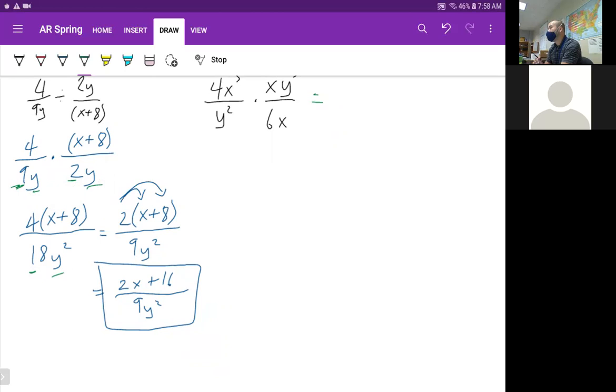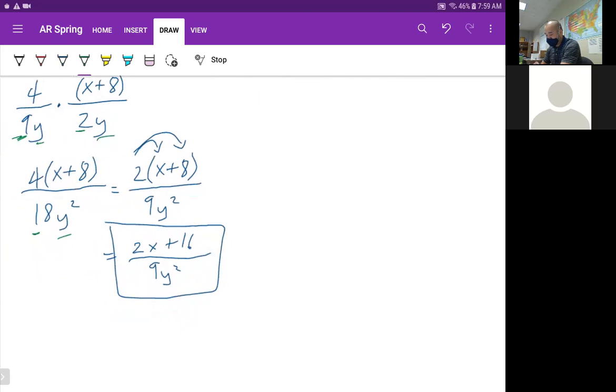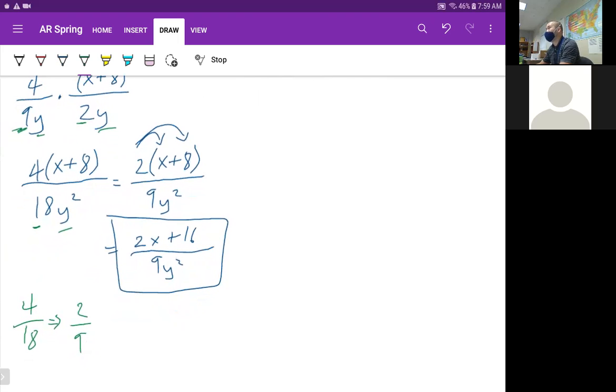Okay, but on the bottom, you have 9y. Yeah, the 4 and the parentheses x plus 8 are part of that equation as well. That's the part I'm confused on. So from here to here, 4 over 18 reduces to 2 over 9. Oh, wait, you can't see that.